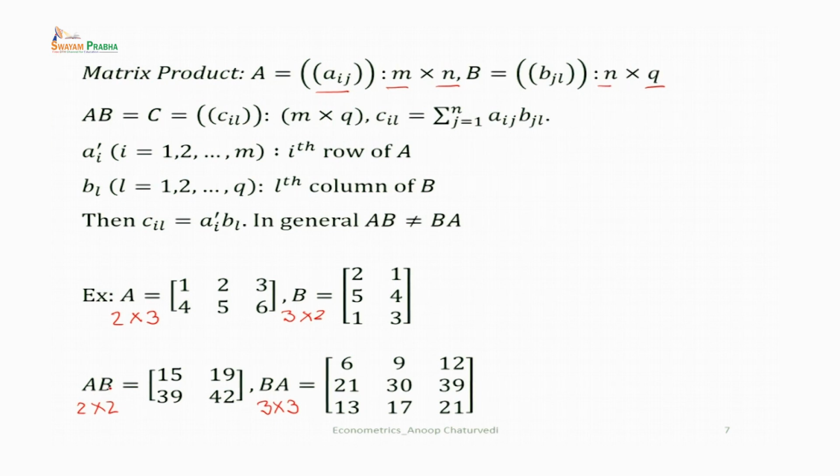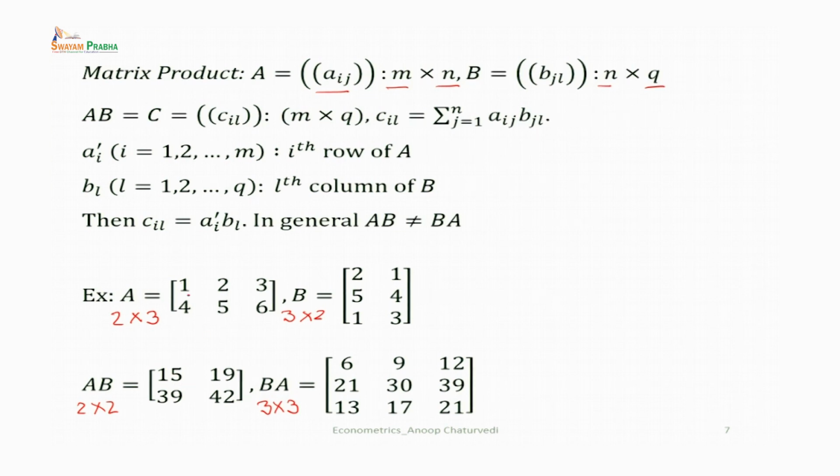To obtain AB, suppose you have to obtain the first element of AB. We simply multiply the first row of A and the first column of B. So, 1 into 2 plus 2 into 5 plus 3 into 1, and ultimately you get 15.